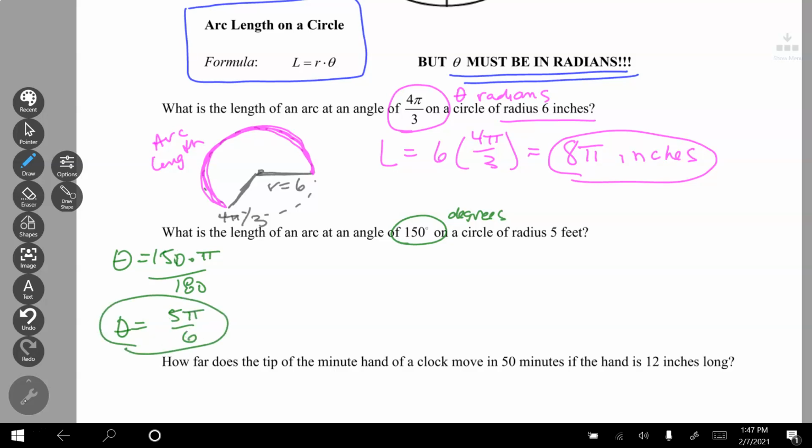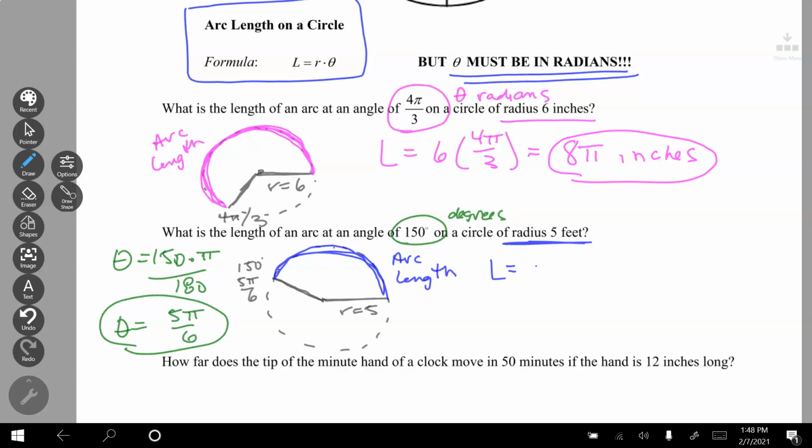I cannot use degrees. So I converted my 150 degrees to 5 pi over 6 radians. I have a radius of 5, so I'm trying to figure out this arc length. So L equals 5 times my radians of 5 pi over 6. I get 25 pi over 6. The units are feet. That is the length of that arc.